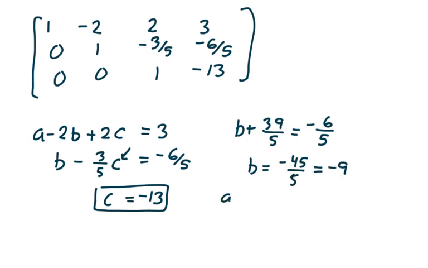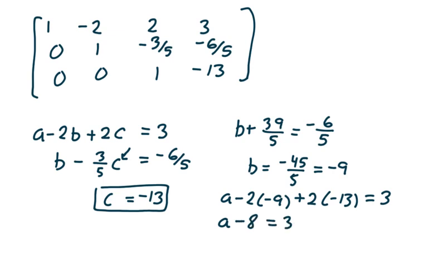And then A minus 2 times negative 9 plus 2 times negative 13 equals 3. A plus 18 minus 26 is minus 8 equals 3. And so therefore A equals 11.